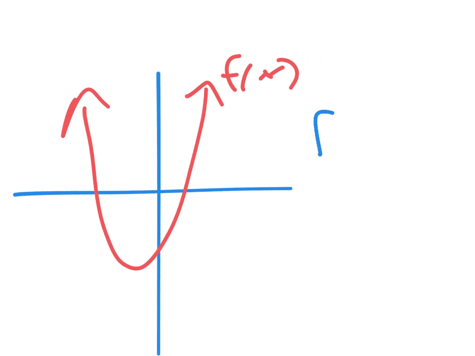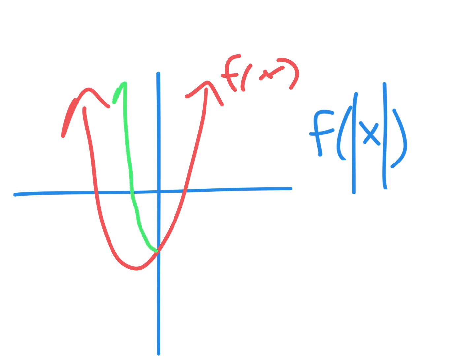I want to go f of the absolute value of x. Would it change it? Yeah. It would change this one. It'd be slight, but it would change it. Because it would look like that. Because the whole left side needs to be erased. And then it has to have symmetry.